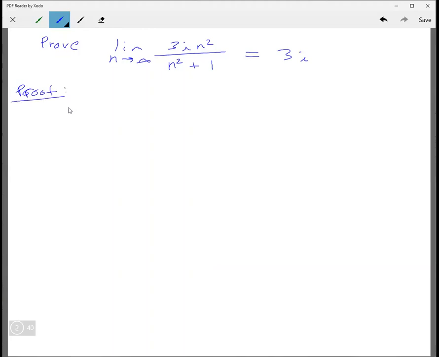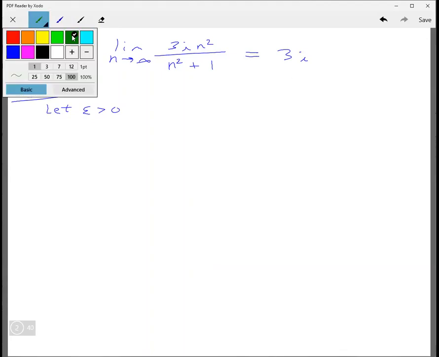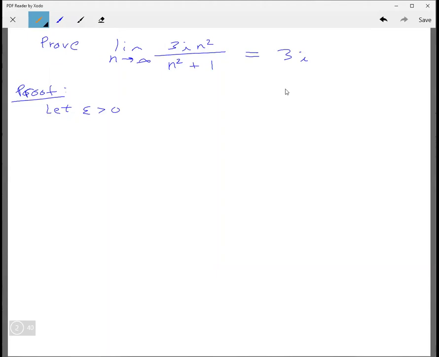So, proof. The first step in these kinds of limit proofs is almost always to let epsilon be greater than 0. And what I like to do is scratch work.